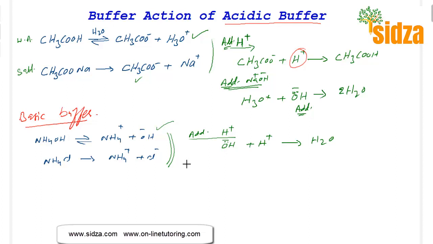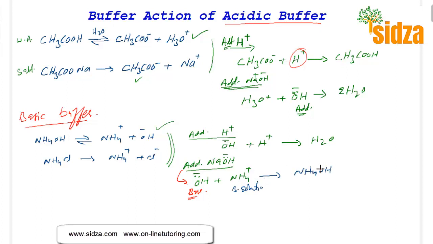In the same way, if you now add sodium hydroxide, the base, the hydroxide ion that we have added to the mixture will react with the ammonium ion from the buffer solution and form ammonium hydroxide.